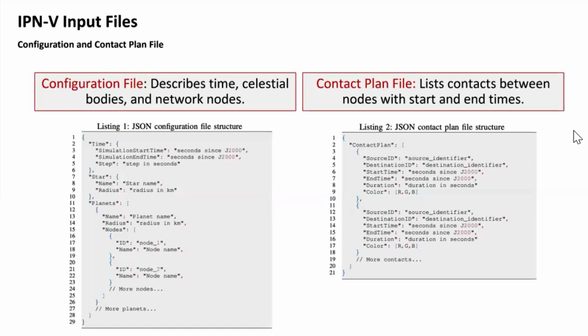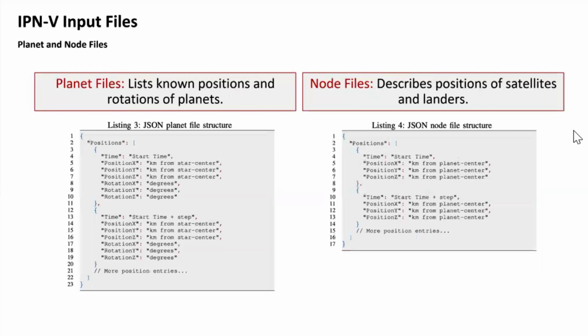Computing the visibility, the line of sight, in a time dynamic way is quite computationally expensive, so we do this beforehand. And this is why we can also export this JSON to ION format or HDTN or whatever format we want. And then we have JSON files for planets and nodes. This is where the X, Y, Z position in a heliocentric coordinate system is exported and fed into the IPN-V.